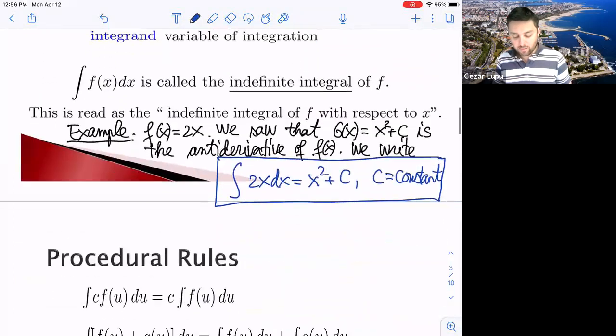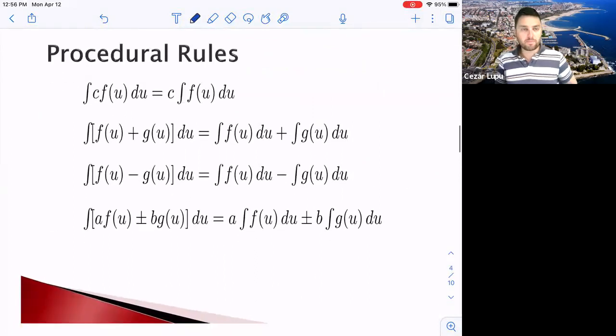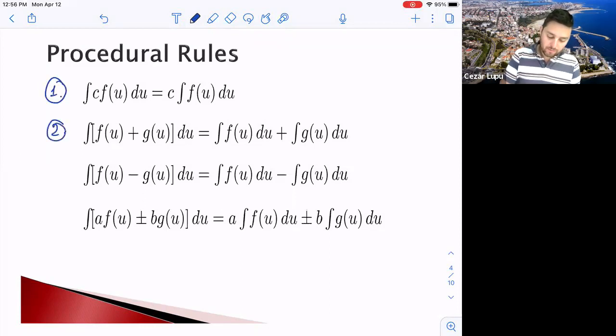All right, great. So let's see what the procedural rules are for this integral. The first property that you need to take into account is the following. Look at it. So you see you have a constant. So let's just say this is 1, this is 2, this is 3, this is 4.